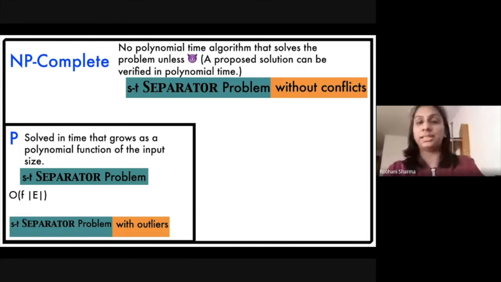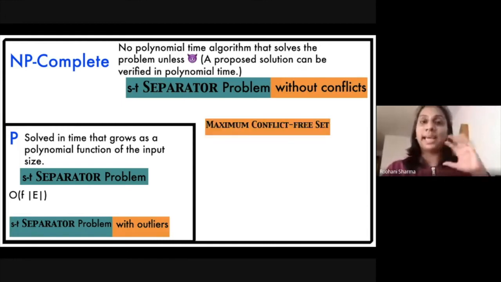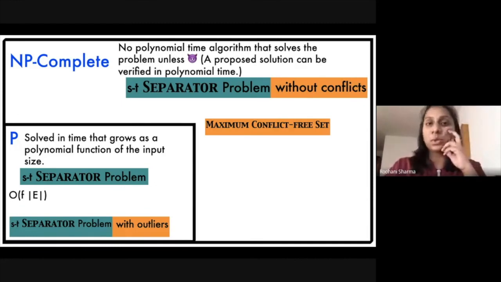In fact, forget about the ST separator constraint. Just asking for a maximum size conflict-free set is also NP-complete. Now, just to motivate why we are so scared of this NP-complete class: we don't expect algorithms whose dependence on the input is polynomial for these problems.